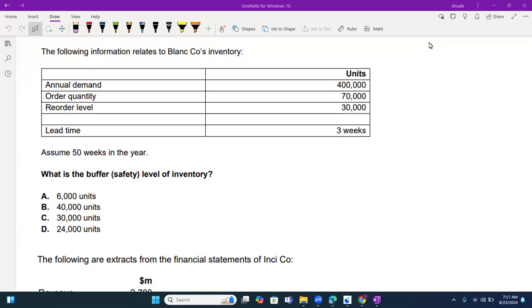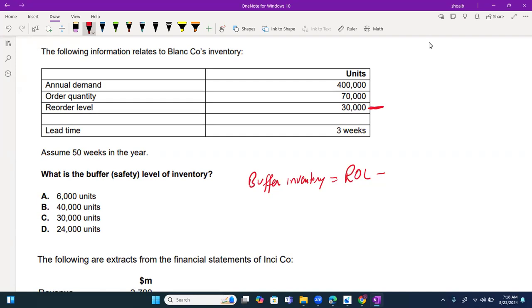So the buffer stock inventory formula is reorder level, minus how much you will consume during the lead time. What is reorder level? Reorder level is a level. If you reach this level, you will place a new order. So at 30,000, you will place a new order.